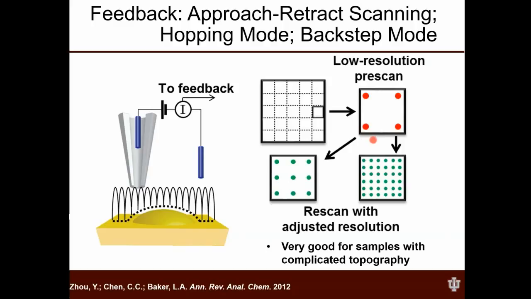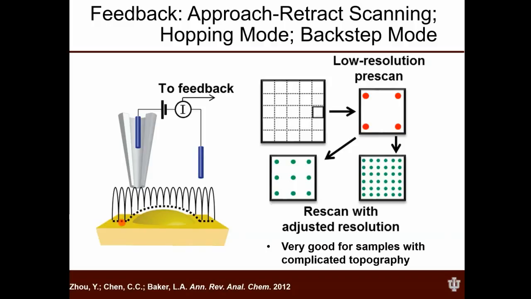In these modes, instead of taking the tip from a high point into a low point and engaging the surface and keeping the tip close, what we do is we take the tip from a high point to a low point, we engage the sample at some set point, then retract the tip back, reposition the tip, and reapproach. By doing that, we can handle much more complicated sample geometries.